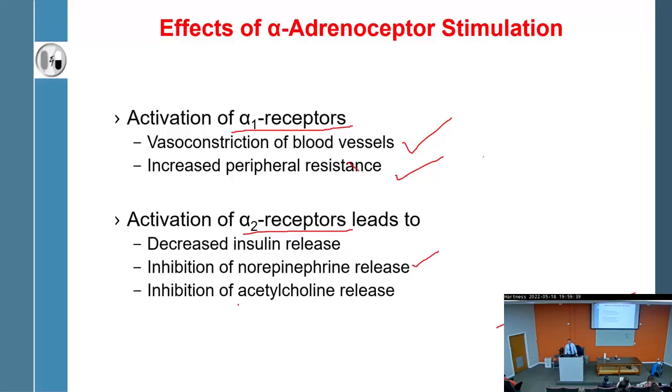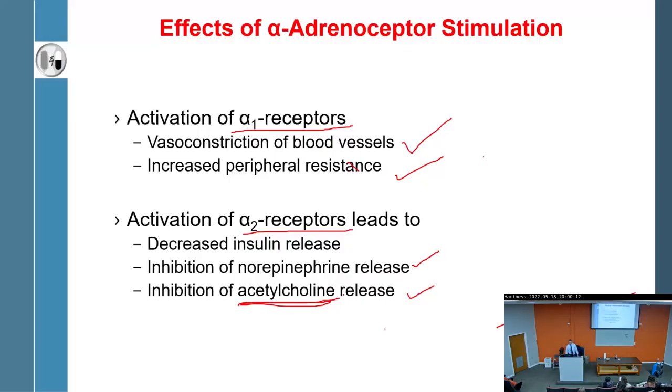Acetylcholine, I didn't talk about that, but acetylcholine is the neurotransmitter of the parasympathetic system, the cholinergic transmission. That's similar to adrenergic, but with some differences too. But autoreceptors mediated by the alpha-2 can also decrease the release of acetylcholine. They kind of have a negative feedback loop on the release of neurotransmitters. Okay.